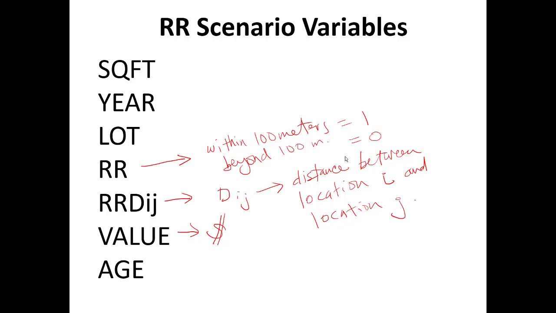So when I originally created this data, it was 2018. So you take 2018 minus year, and I suppose we could say year I. So that I just corresponds to the actual house that we're talking about.